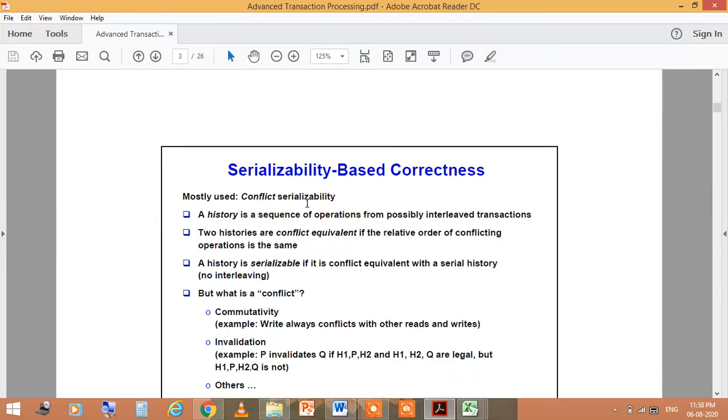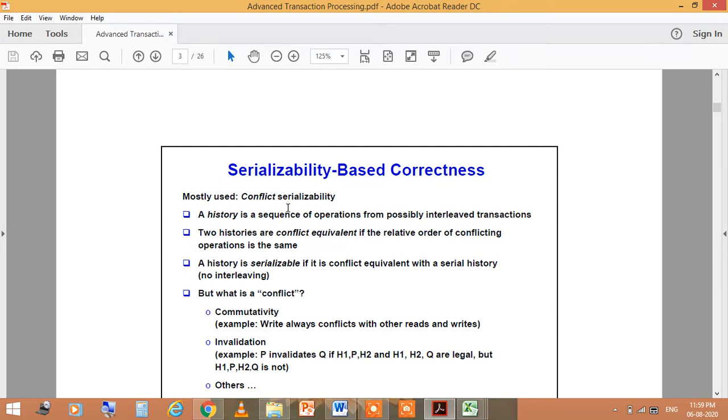The next is serializability based correctness. There are basically two correctness criteria: serializability correctness and non-serializability correctness. In this serializability based correctness, mostly used is conflict serializability. Conflict means, if something is going to happen and that previously should not be there, if there is a duplicacy, then there is a conflict between these two.